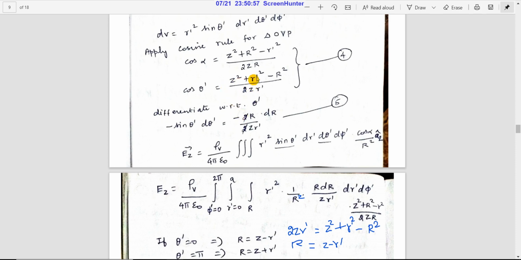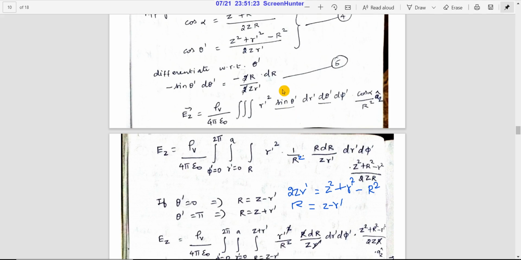If you are taking this particular r as the variable, others will be constants. So since these are all constants, we can take them out. So minus 2r into dr will be coming, and others will be 0. So if you have this value, you can strike out this 2. So we will be getting minus sin theta dash d theta dash is equal to minus r into dr divided by z r dash.